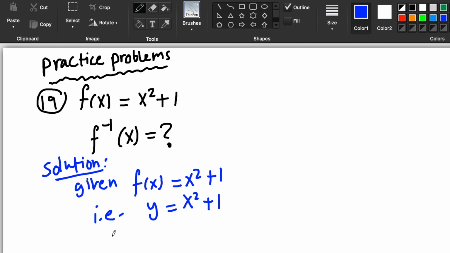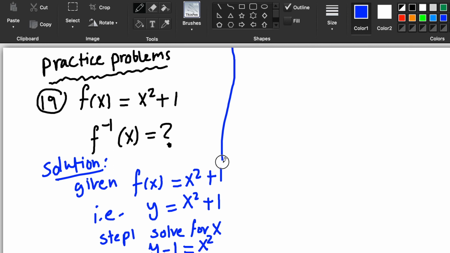And then step 1, solve for x. So it becomes y minus 1 equals x squared, and then x equals square root of y minus 1.